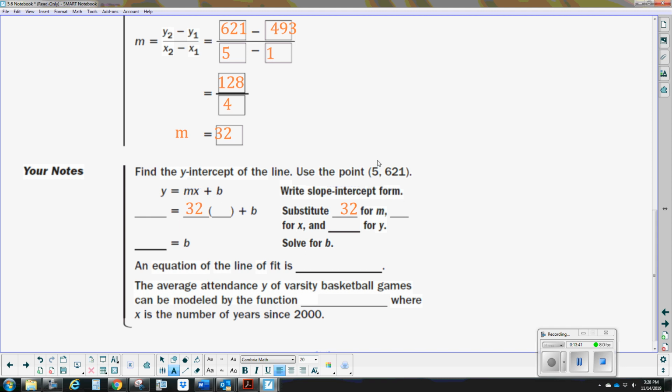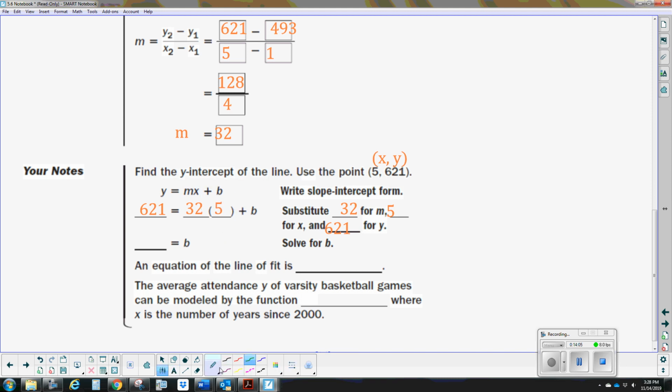And it says to use this point (5, 621). That's my x and my y. So I'm going to substitute 5 in for x and 621 for y. So I get 621 is equal to 32 times 5 plus b.